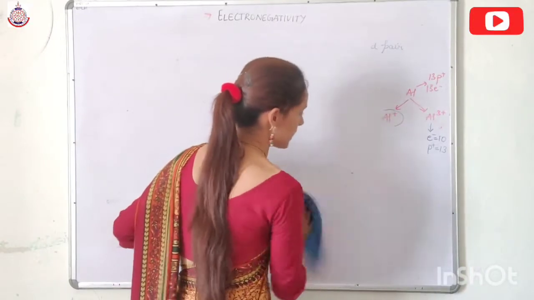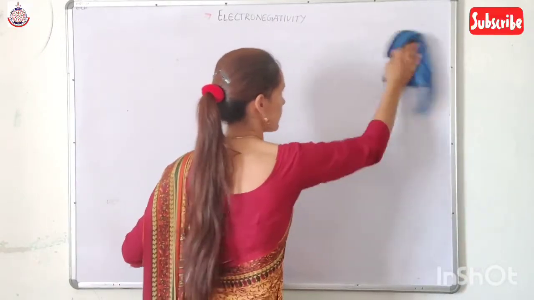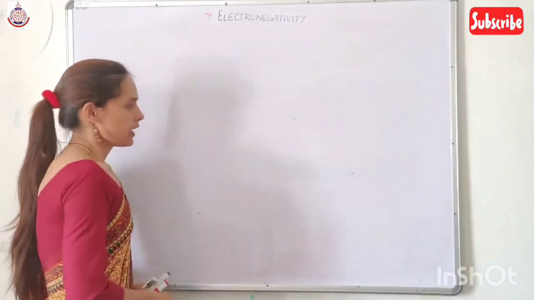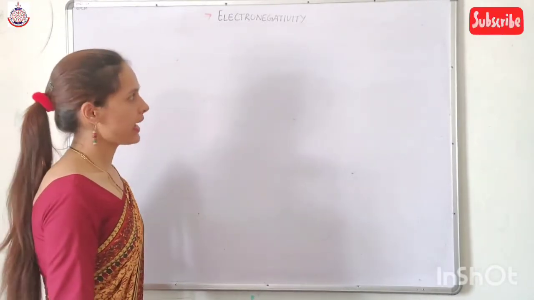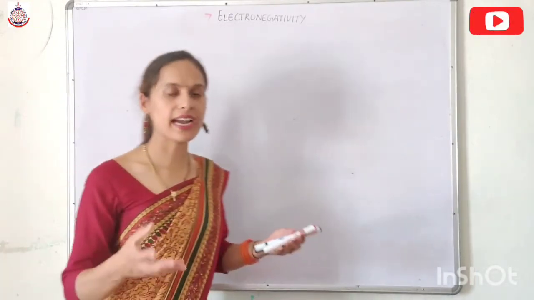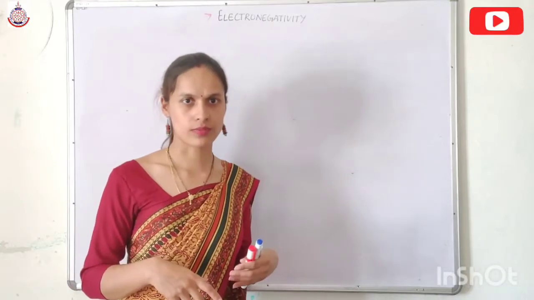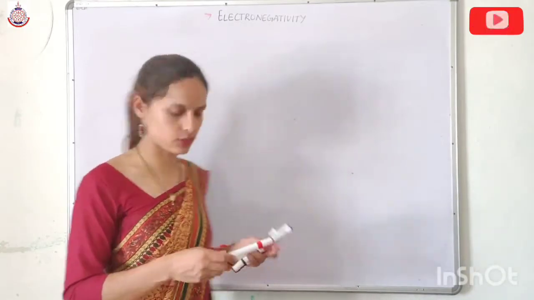The difference between electronegativity and electron gain enthalpy, because in both cases we are saying that the atom is attracting the electron, meaning the atom is accepting the electron.